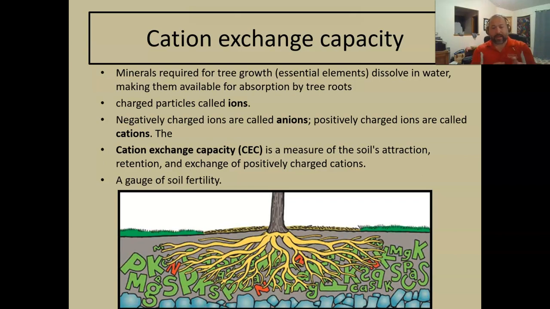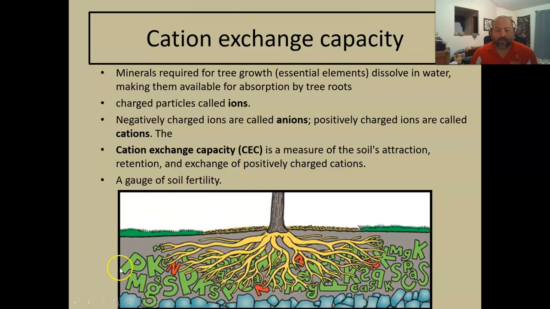That's how the soil is able to do this exchange with the roots of the tree, being able to exchange the mineral elements within the soil. And what's important about cation exchange capacity is it's a gauge of our soil fertility, so how healthy, how vigorous our soil is.